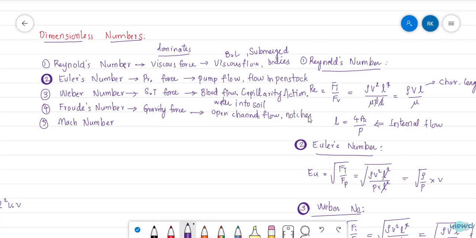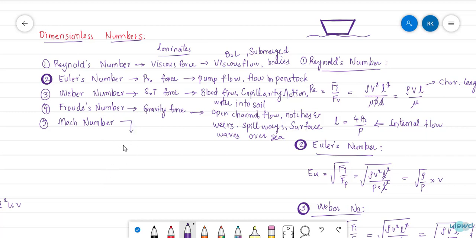Atmospheric pressure will be acting on these, and due to gravity the water will be flowing. Spillways, and also surface waves over sea. So if a question is given like a ship is floating on a sea, then Froude's number should be used.